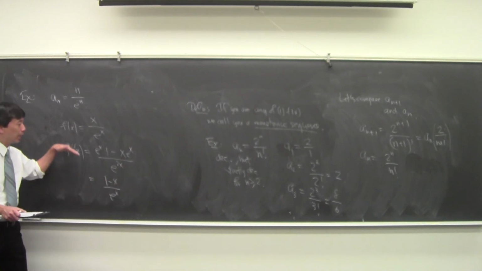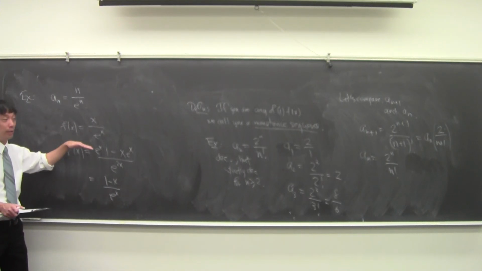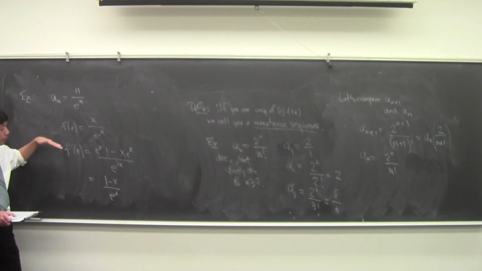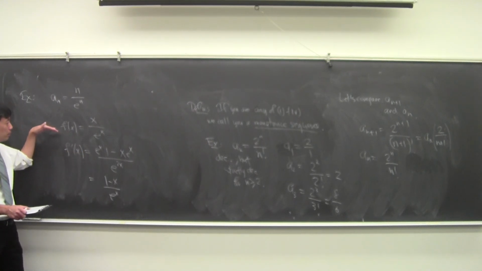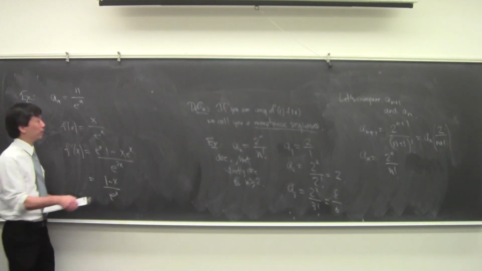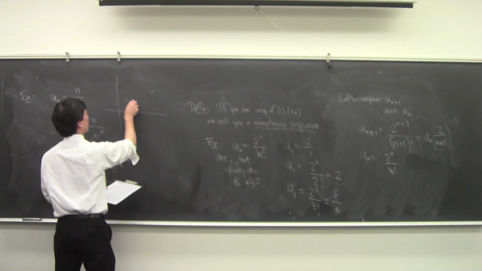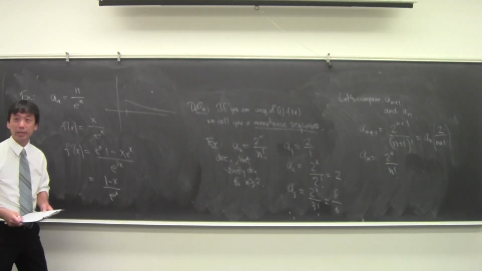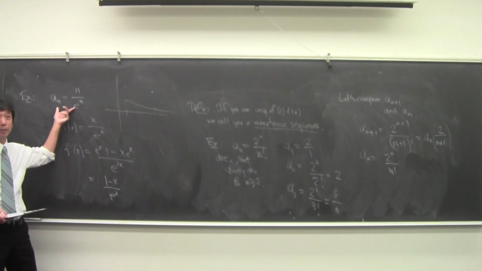So this is a decreasing function past 1. At 1, the slope is 0, but past that, the slope is always negative. And that tells you that the sequence must have been decreasing.